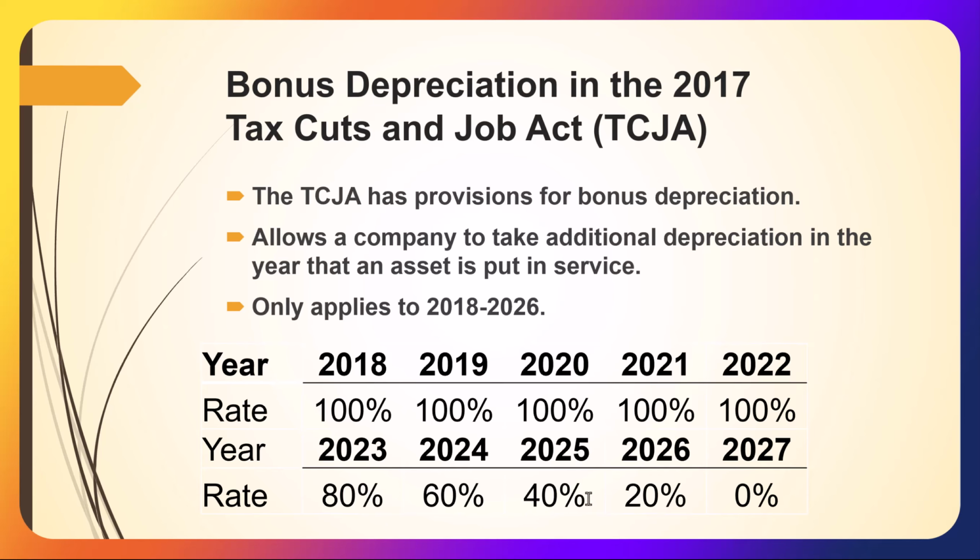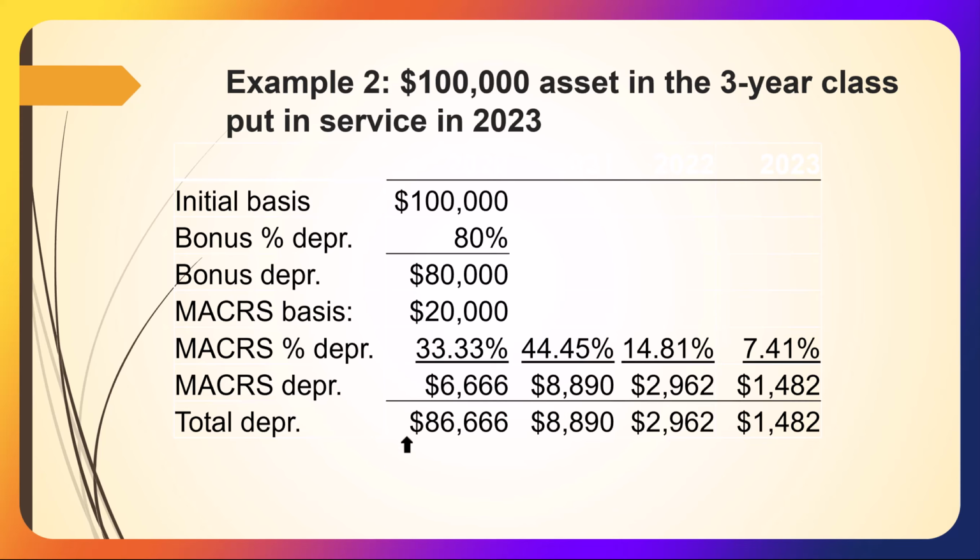So this year, investors can take 40% of the depreciation the first year, in addition to the MACRS deduction for whatever the remainder is. So that's a little bit hard to describe here, but let's look at an example.